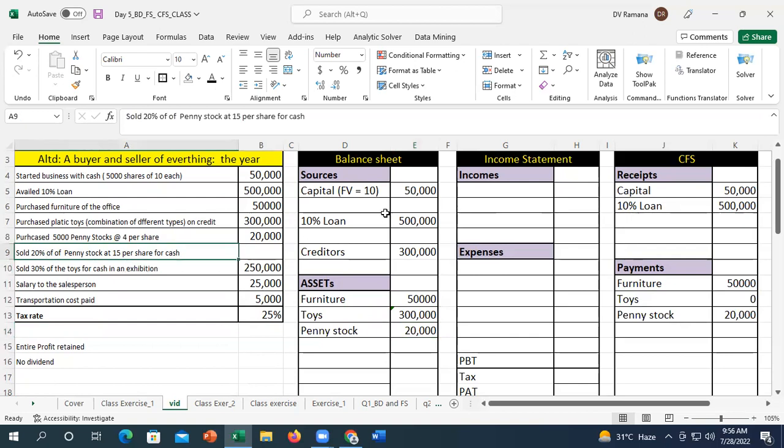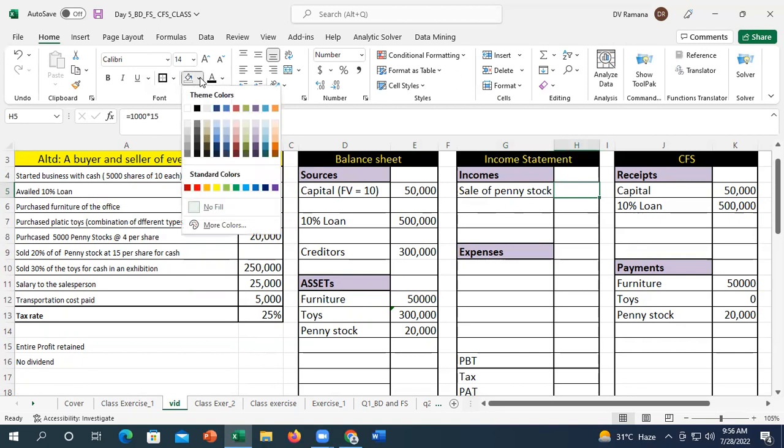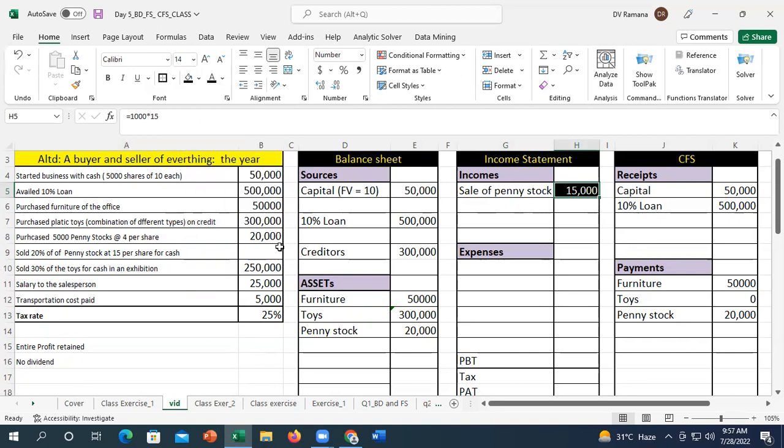Now, they're selling 20% of the penny stock for 15,000. How did we get 15,000? You can see that there are 20,000 value of penny stock.